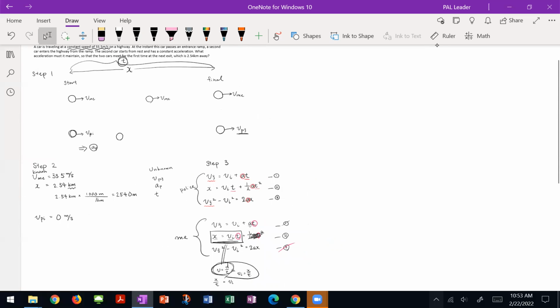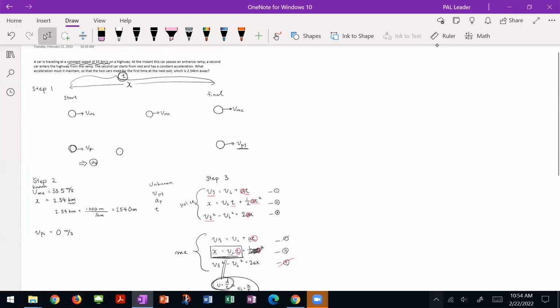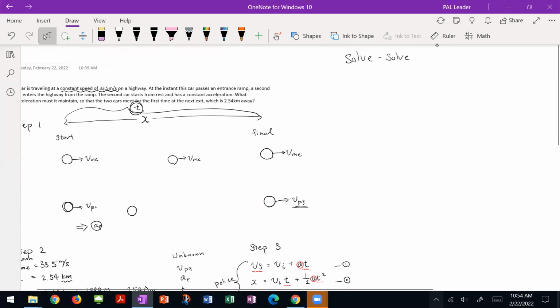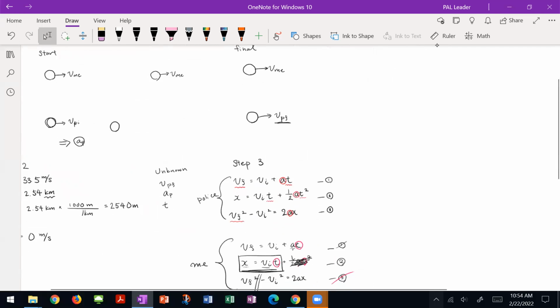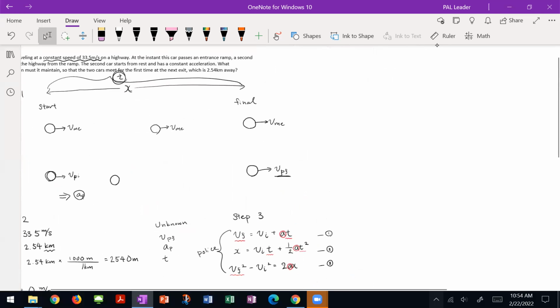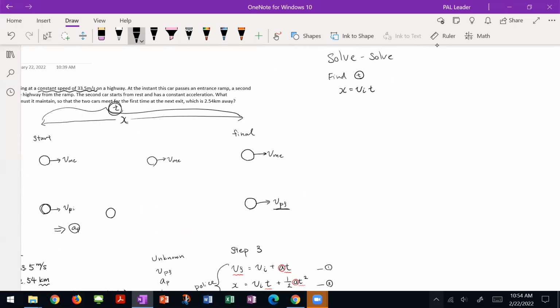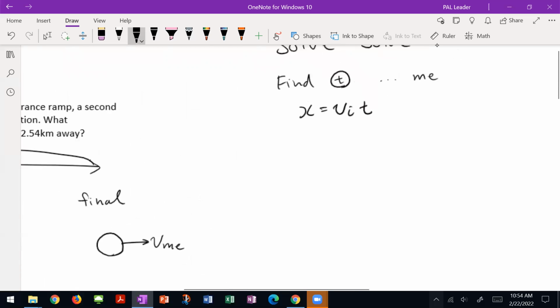So we now want to find the overall time it took for us and the police car to go from start to finish. So let's do that. I want to find time, so x equals v initial times the time, with respect to us, not the police car.